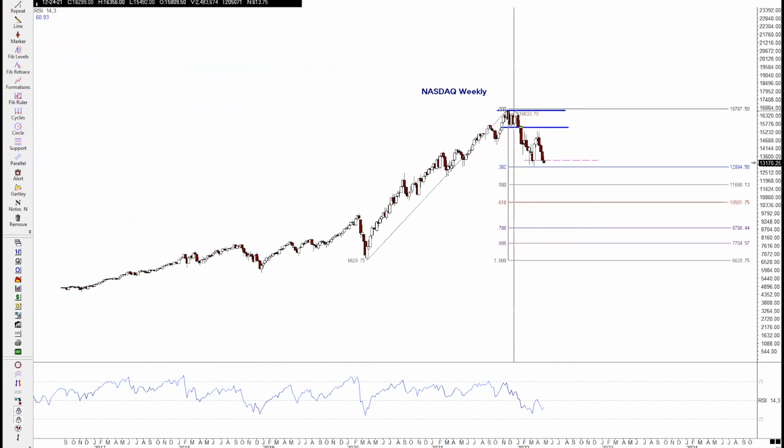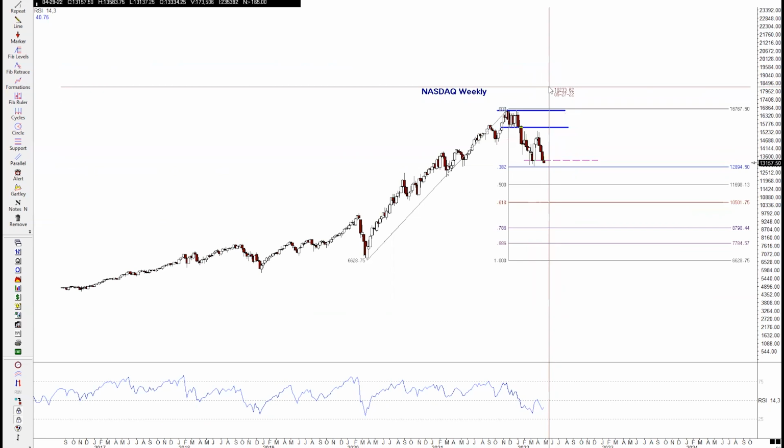The Nasdaq had broken out of this range previous to this down move, and then retested that area. And again, I think the close today is going to be an important level to be watching.